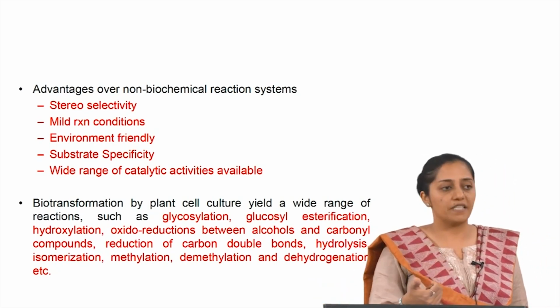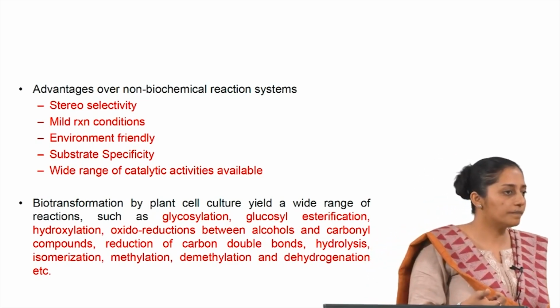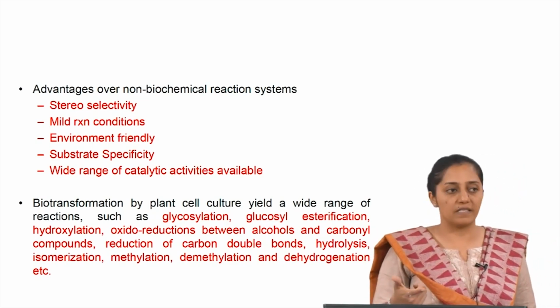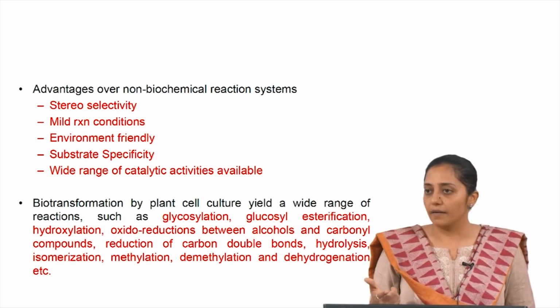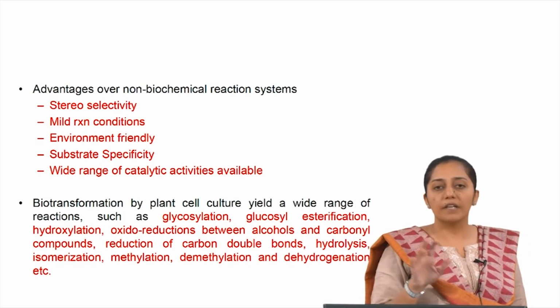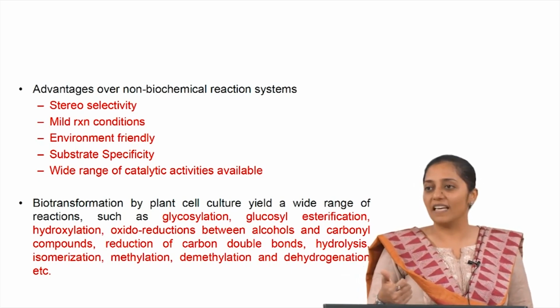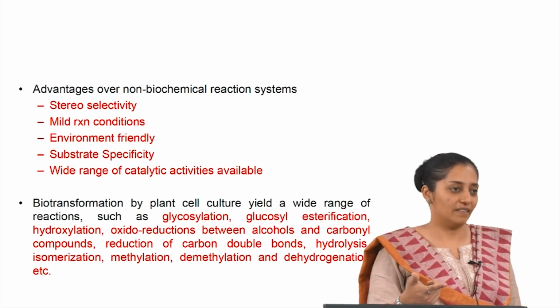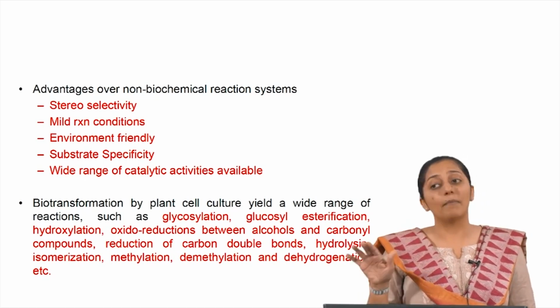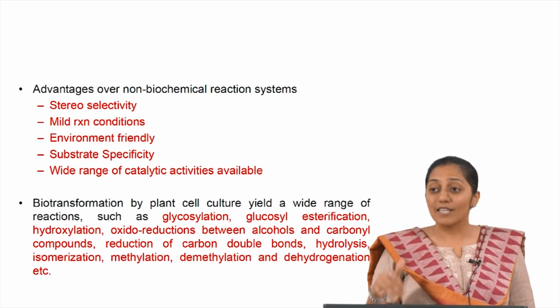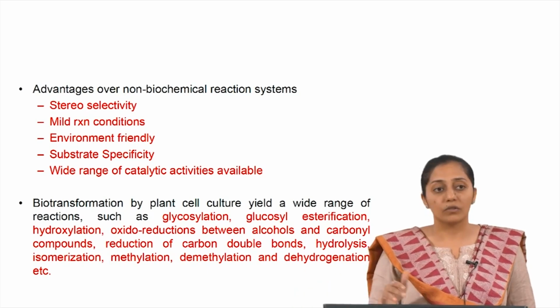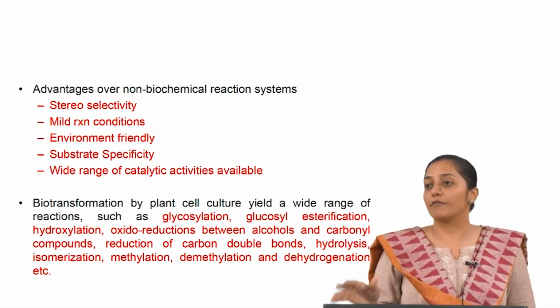There is stereospecificity. What else? There is regiospecificity. I hope you understand. So, enzymes give you the leverage. Enzymes provide you stereospecificity and regiospecificity, and at the same time milder conditions, lesser toxic byproducts. So, they are more environmental friendly processes.